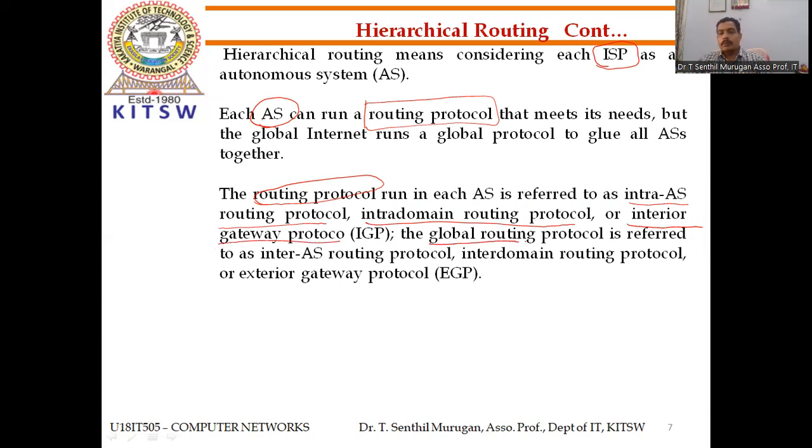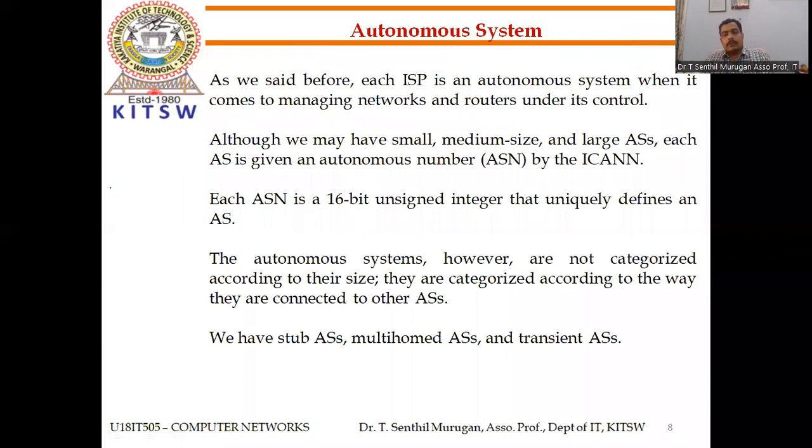The global routing protocol is referred to as the inter-autonomous system routing protocol, that is, the inter-domain routing protocol or exterior gateway protocol. We will discuss these one by one.